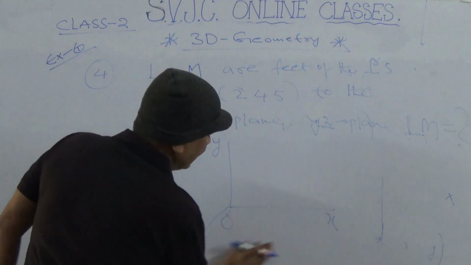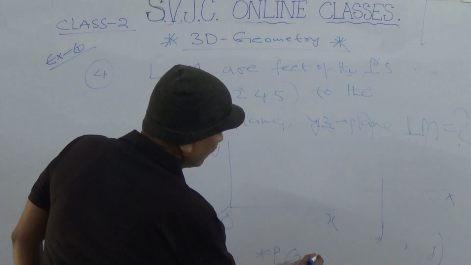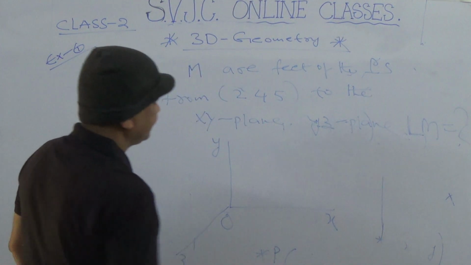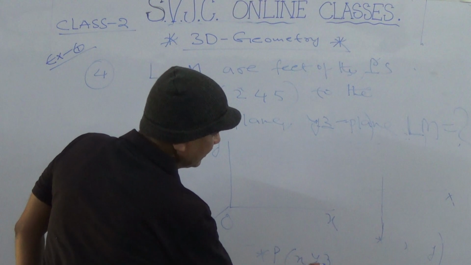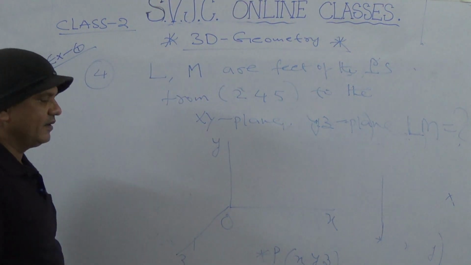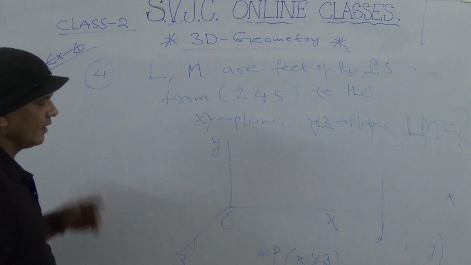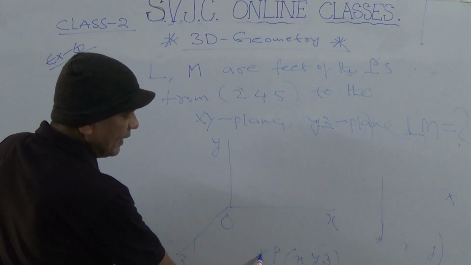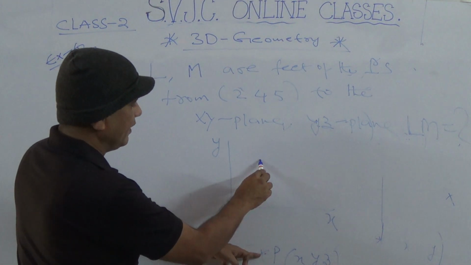For example, let P be the given point (2, 4, 5), that is (x, y, z). Let P be any point in space. Now draw the perpendicular from P to the xy plane.